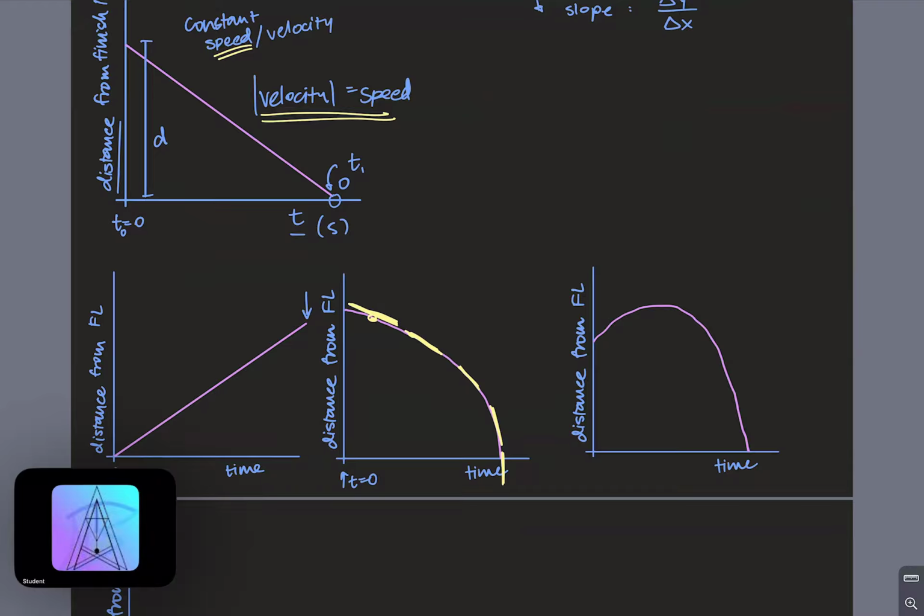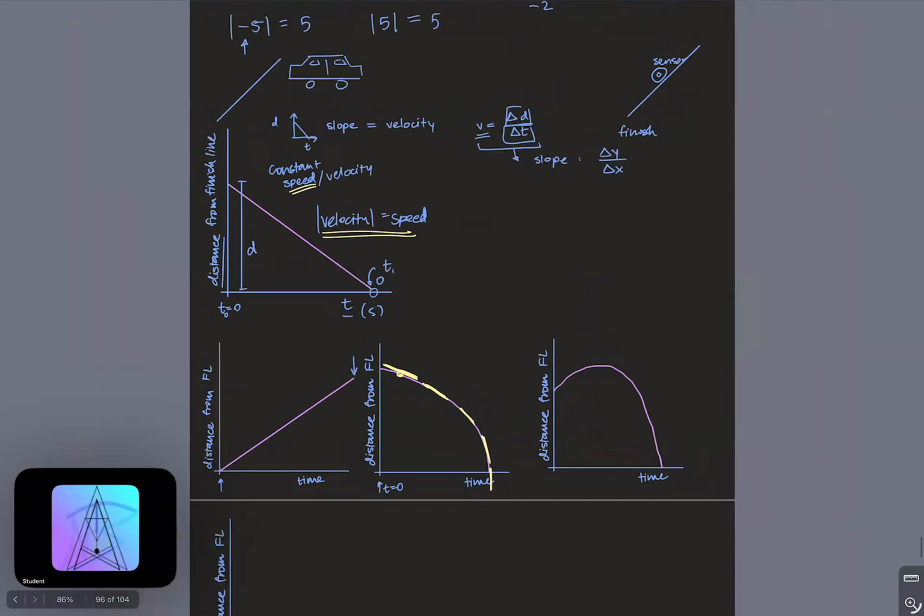Okay, now let's talk about the speed. And also let's talk about the velocity here because that's pretty interesting. Now let me define the convention. Let's say that the velocity is positive when it's going towards the finish line, and the velocity is negative when it's going away from the finish line.